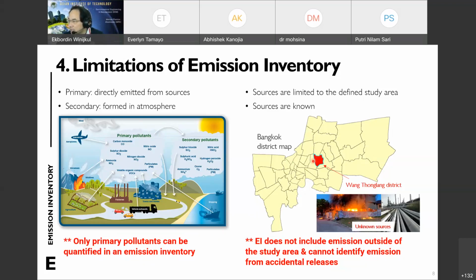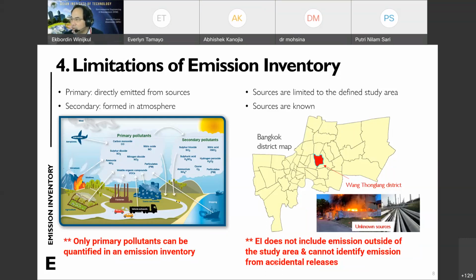For example, if there are some factories in this location outside of Wang Thong Lang district, the emission of these factories can also contribute to the district that I'm interested in. Anyway, because right now we are talking about emission inventory development, those kinds of factories outside of the study area will not be accounted for in my emission inventory. Meaning that the emission inventory cannot include the emission outside of my study area.